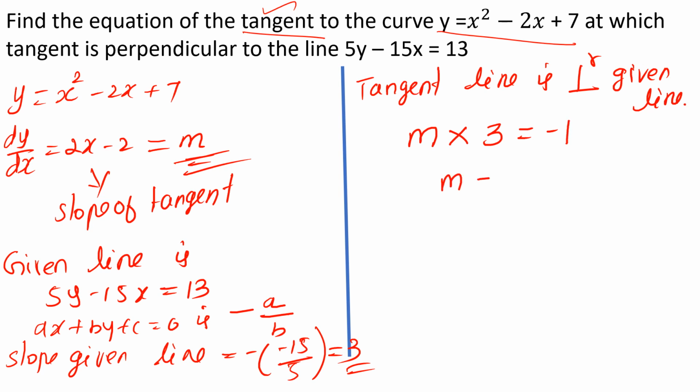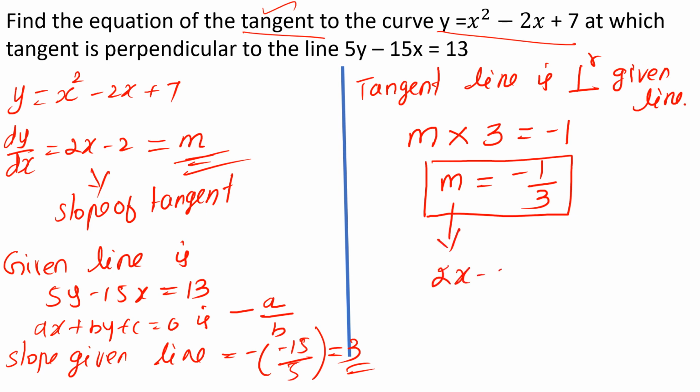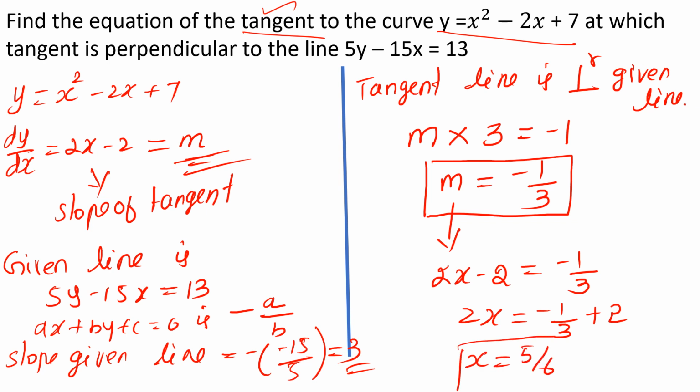Therefore, m is equal to minus 1 by 3. So this is the slope of the tangent line. Here m is given as 2x minus 2. So 2x minus 2 is equal to minus 1 by 3. Therefore 2x is equal to minus 1 by 3 plus 2. Therefore x is equal to 5 divided by 6.